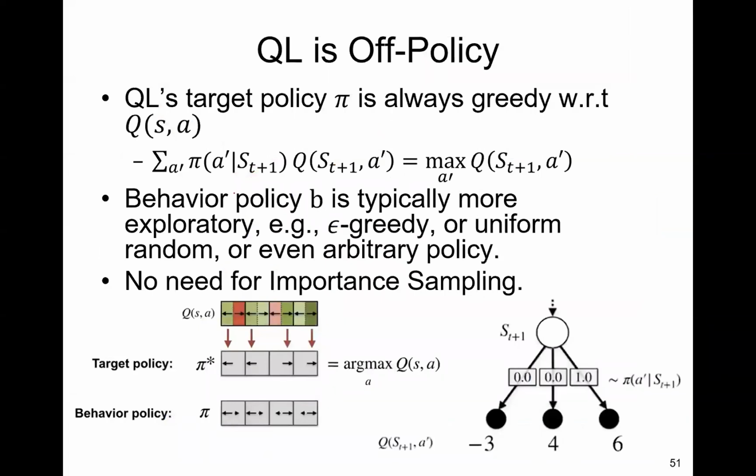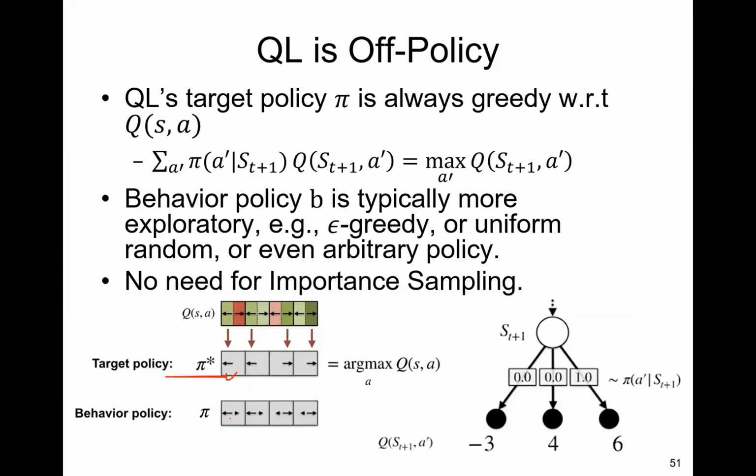So here it shows the target policy is taking a max in every state, but the behavior policy may be arbitrary. This seems to be epsilon greedy. That is the optimal policy, and here it is moving left.